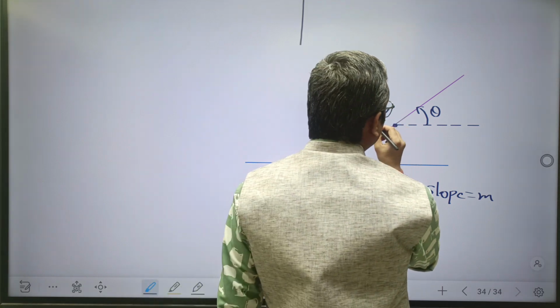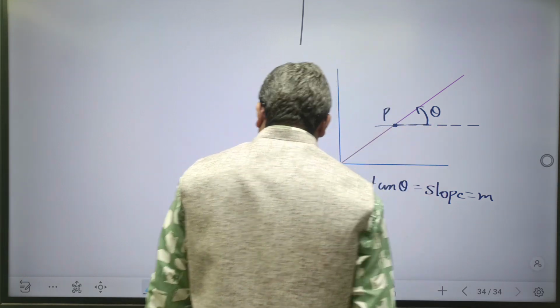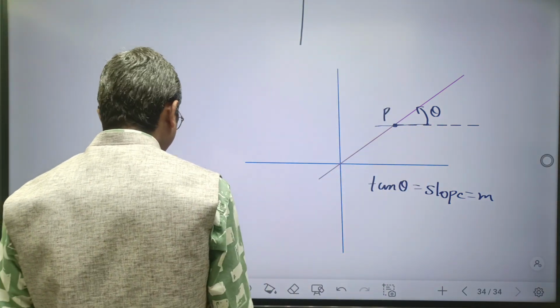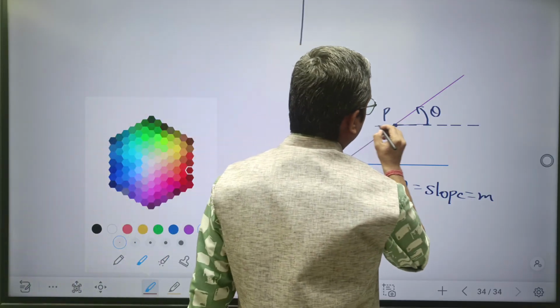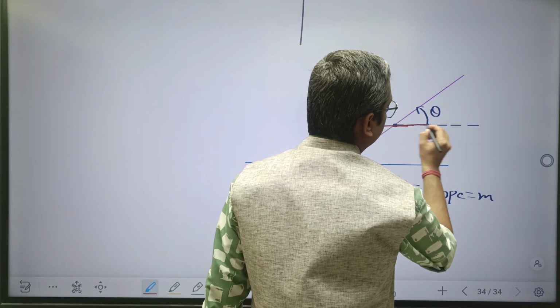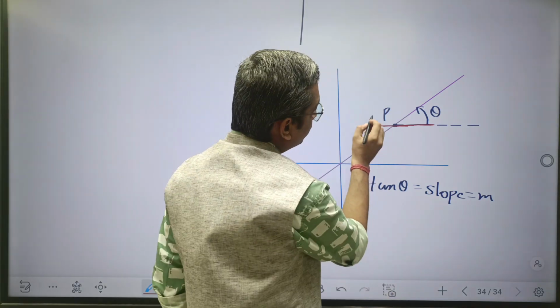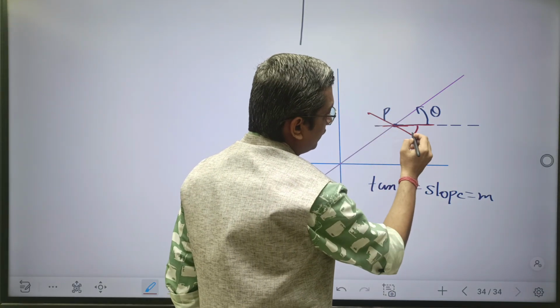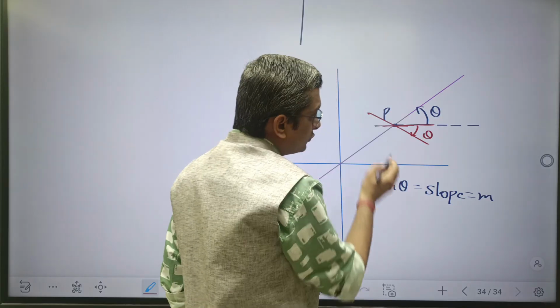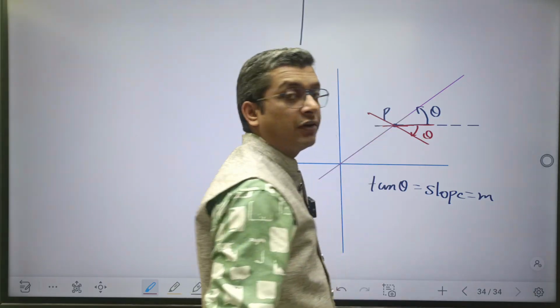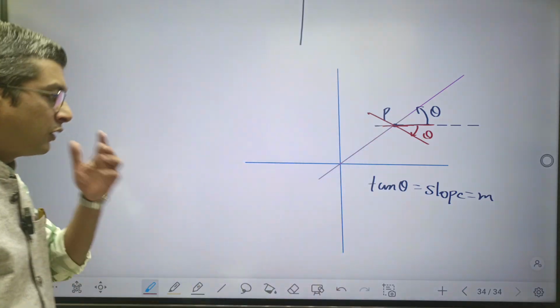Now suppose the line coincides with this line, then theta will be 0, that is 0 slope. And suppose the line goes like this, then theta will be negative. So this red line will have negative slope. So this is the logic.